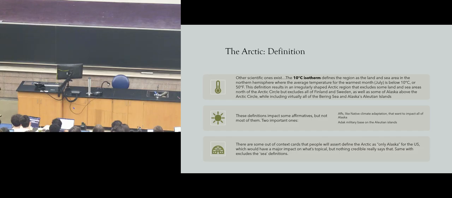And then another one is that in the US, the Arctic is only Alaska. And so if you want to go in international waters, or work with the other countries in the Arctic, then you're out of luck. But to be honest, both of those definitions are really stretched, borderline out of context, and so I don't think they're particularly credible.